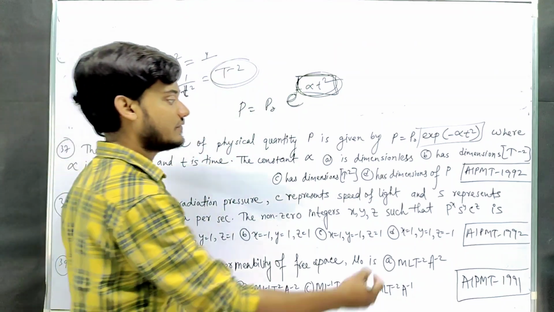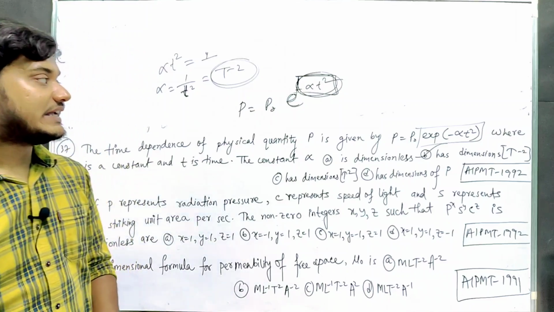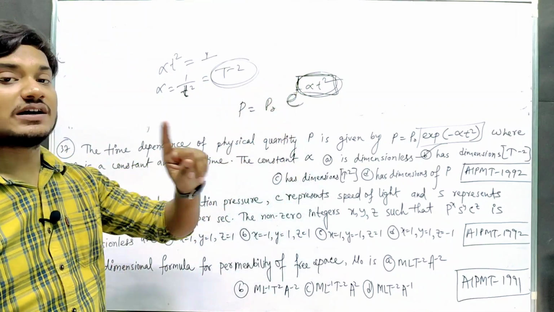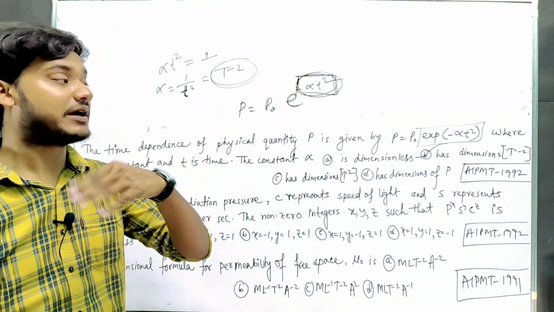So alpha has the dimension of T inverse 2. Whatever is in the power of e, its dimension is 1, meaning dimensionless.